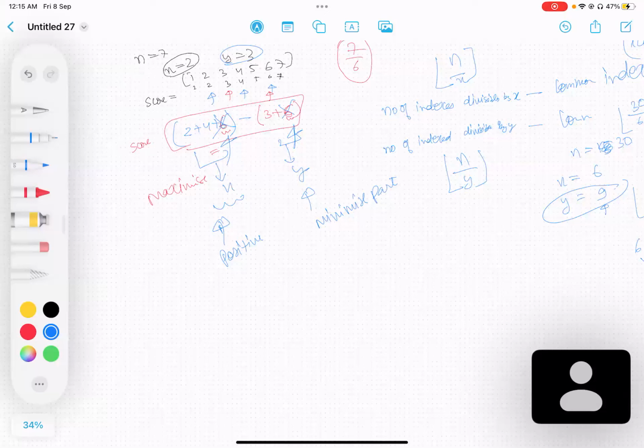So we decided that since this is the positive part, all those indexes belonging to x will give us a positive answer, and the sum of all those which belong to y will give us the negative value, because of the minus sign, right? So we want to give as large as possible values to all the indexes which are divisible by x, and as small as possible values to all the indexes which are divisible by y, right?